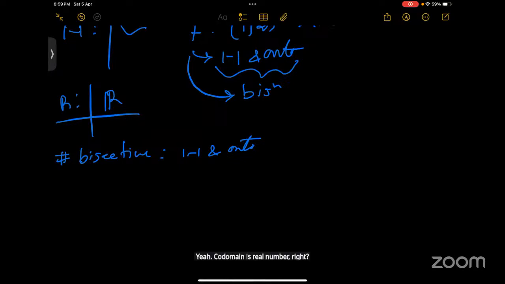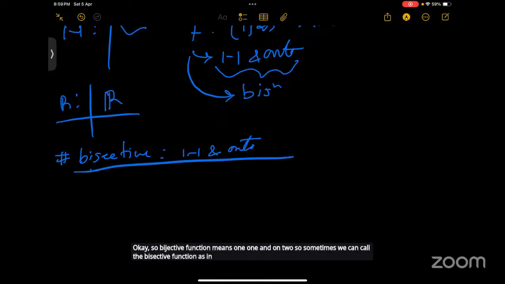Okay. So bijective function means 1-1 and onto. Sometimes we can call the bijective function an invertible function, right?